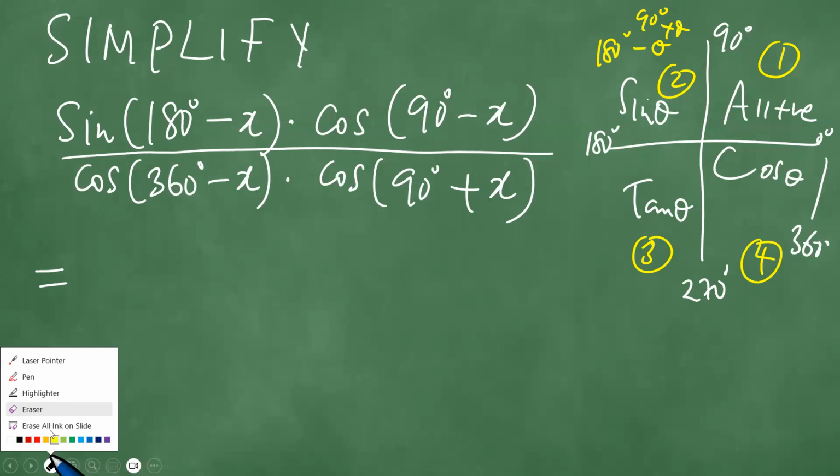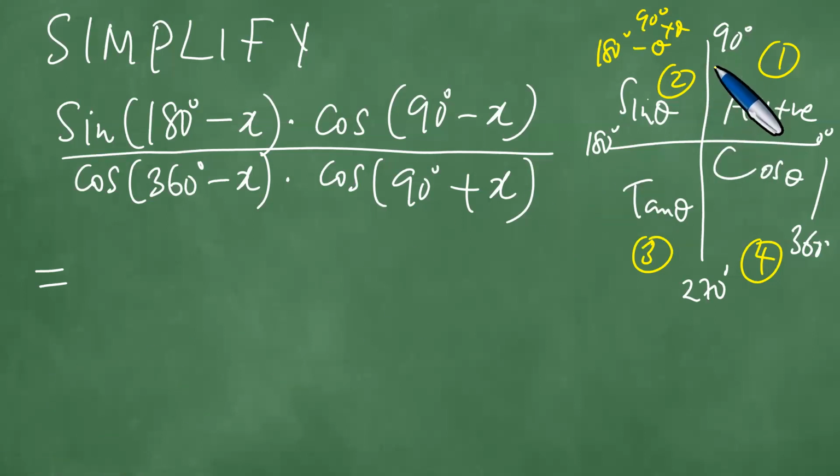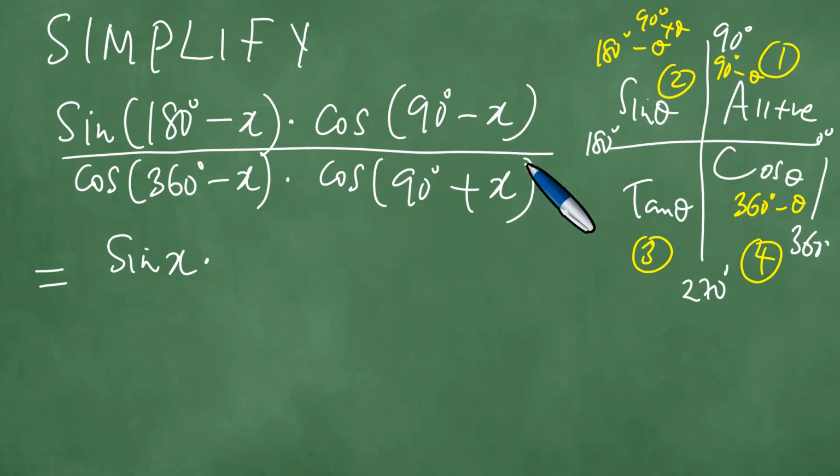So 90 degrees minus is in the first quadrant. 90 plus is in the second quadrant. 180 minus is in the second quadrant where sine is positive, so this one is going to be positive. 90 minus is in the first quadrant where all the functions are positive.